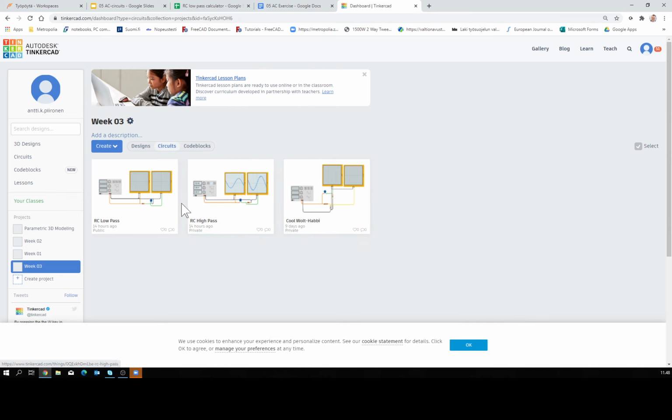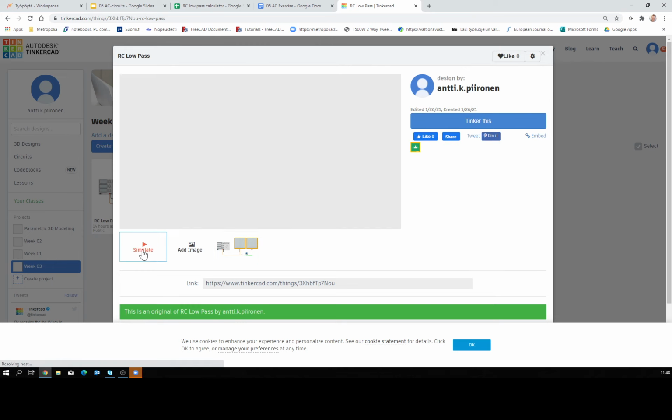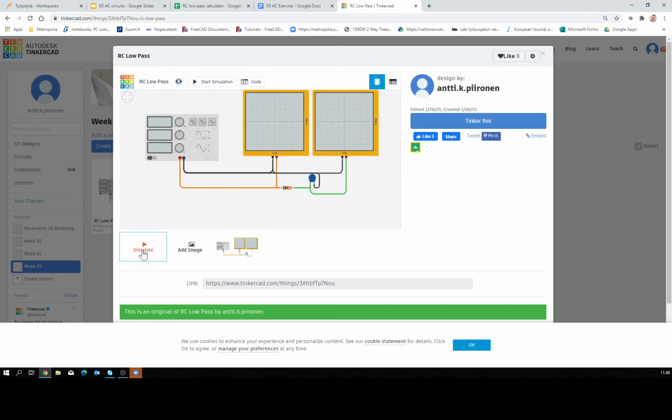Okay, let's see, for example, this one. If you are simulating it, the oscilloscope here shows the full range. So the full range signal here is 2 volts.